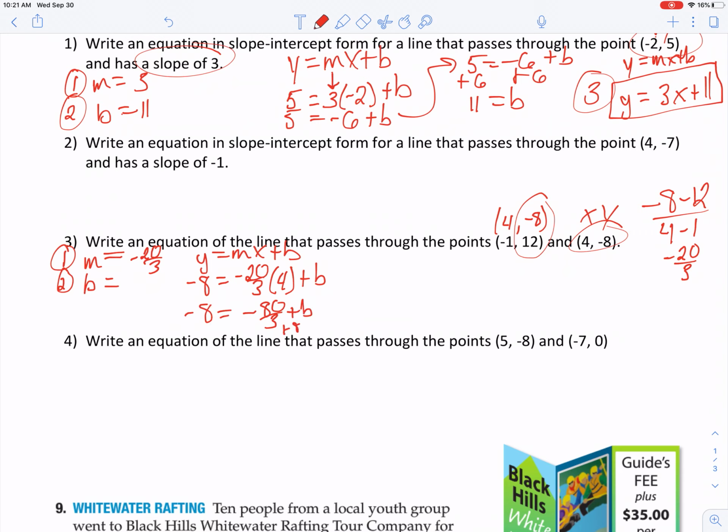And I'm going to add 80 thirds to both sides. So I have -8 plus 80 thirds. And again, you're going to want that to be in improper fraction form. B equals 56 thirds.